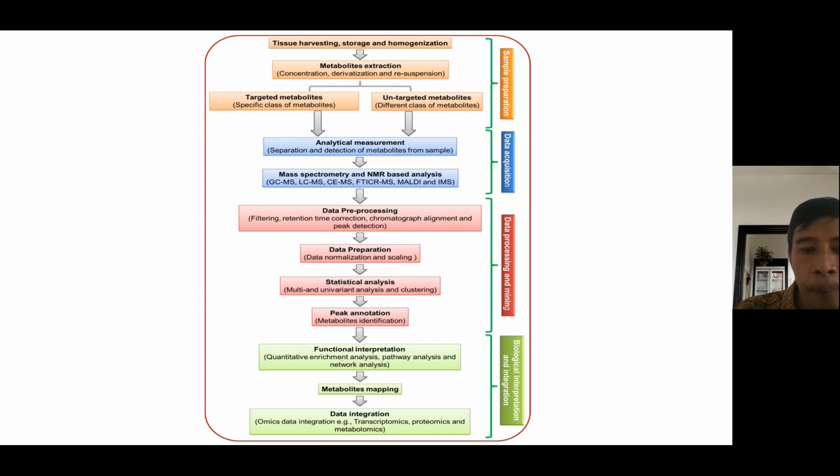And then you will conduct metabolite profiling or mapping to eventually get the integration of your data with other levels of omics, including transcriptomics, proteomics, and genomics.